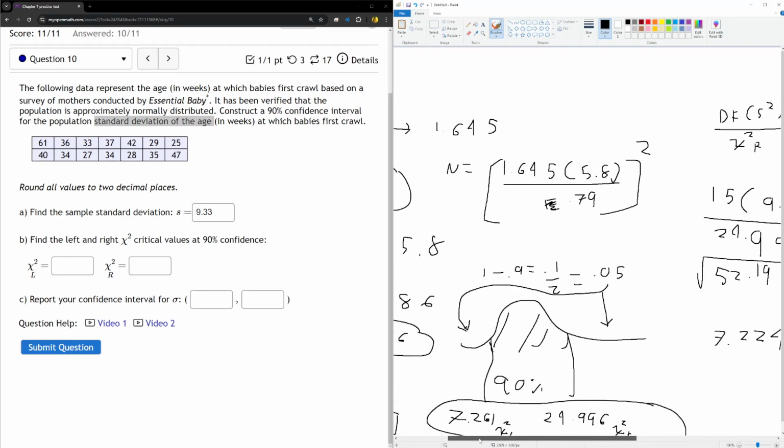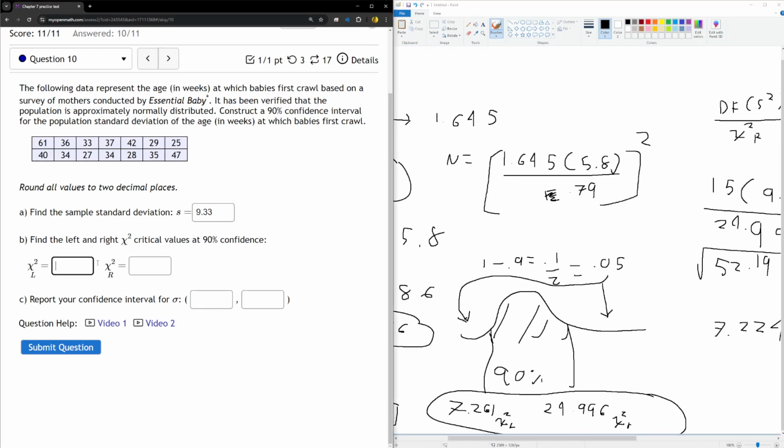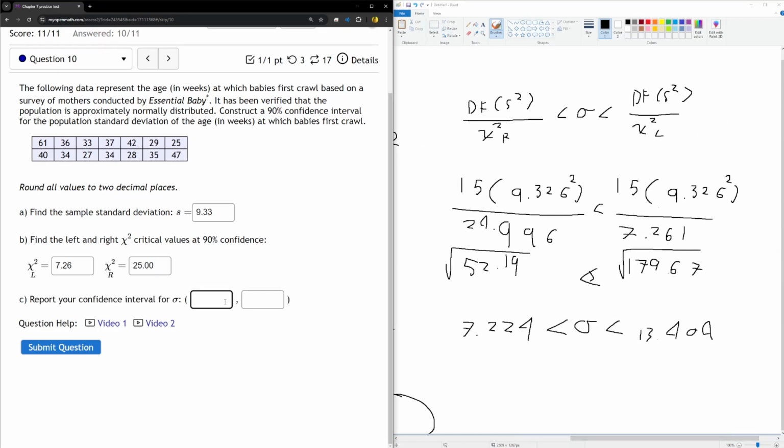Oh, what's those first? 7 point... how many? 2 decimals? 24.25. Because you round this up, you round that up, you round that up. And then 7.22 and 13.40.